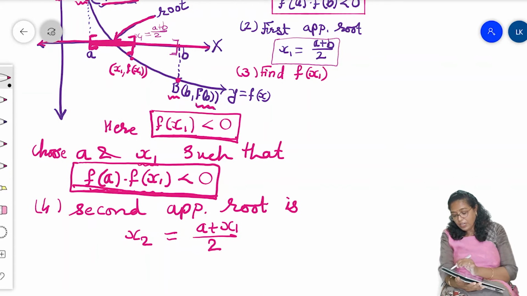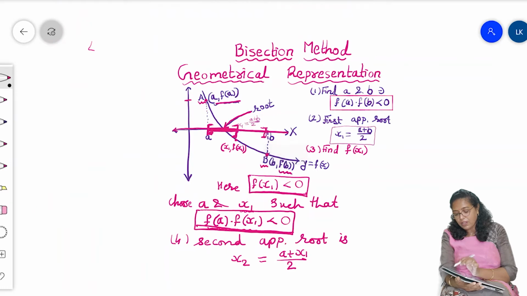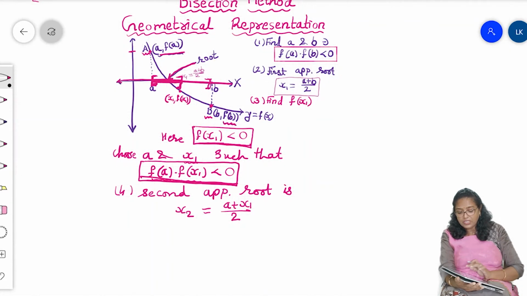Therefore, our new interval is a to x1. Means originally our interval is the closed interval a to b, then it bisects our interval. Therefore, the name of this method is the bisection method.